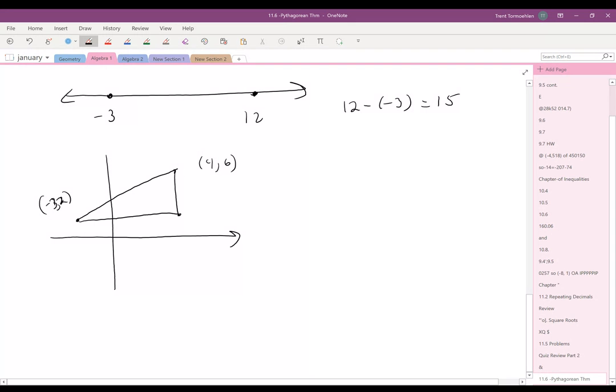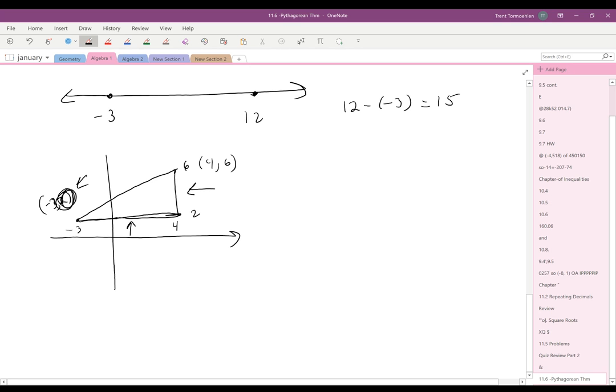When we draw this right triangle in, we get a horizontal number line and a vertical number line. The horizontal number line, the x value here is -3, and this is 4. For the vertical number line, this is 6, and this is 2, right? The y-coordinate for this bottom comes from this coordinate over here. The x-coordinate for the other one comes from that x-coordinate over there.